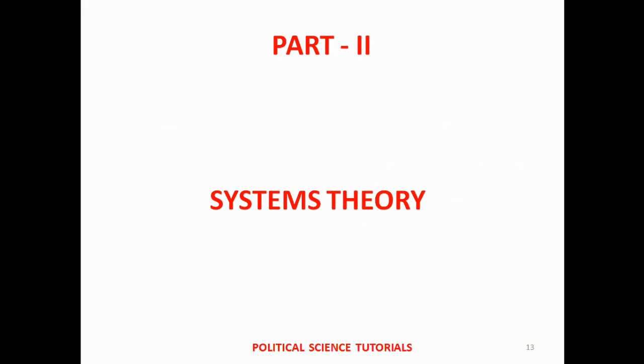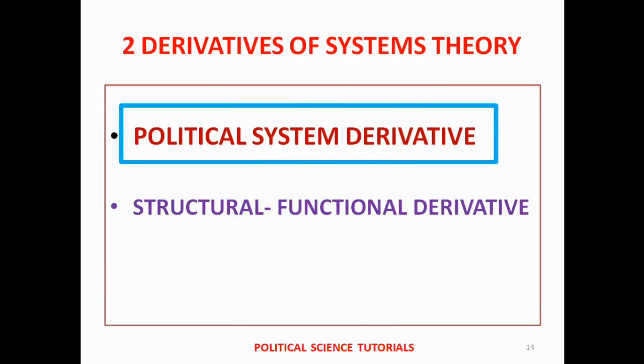Now in part 2 of this video, we will try to understand what is systems theory. The introduction of the systems approach is credited to thinkers like David Easton, Gabriel Almond, Morton Kaplan, etc. In fact, it was a reaction against traditional approaches.